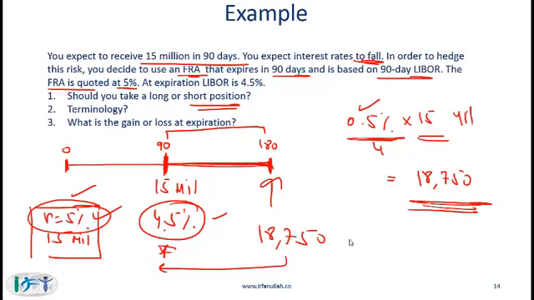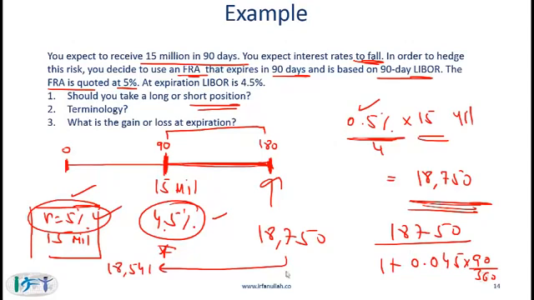The present value is going to be 18,750 divided by 1 plus the market rate, which is 0.045, and then this needs to be de-annualized. So we multiply this by 90 over 360 and you come up with your answer. That answer is 18,541. So that is the payment that the long will make to the short.